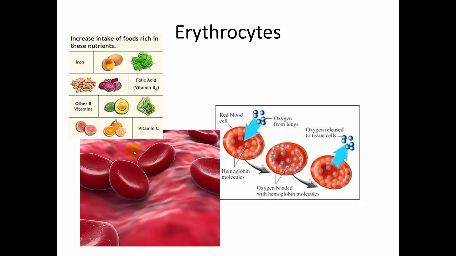And it's like this for a reason. That shape allows it to bend and fold and become smaller so it can move through the smallest capillaries of the circulatory system. So it's a biconcave disc.